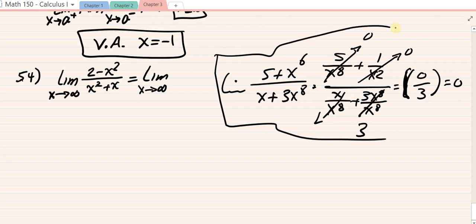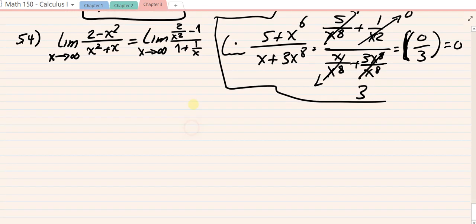Okay, so I'm going to do the same thing then. I'm going to divide everything by x squared. So this becomes 2 over x squared minus 1, divided by 1 plus x over x squared, which is 1 over x. The limits of the fractions in this limit are going to be 0, so that's the whole thing.